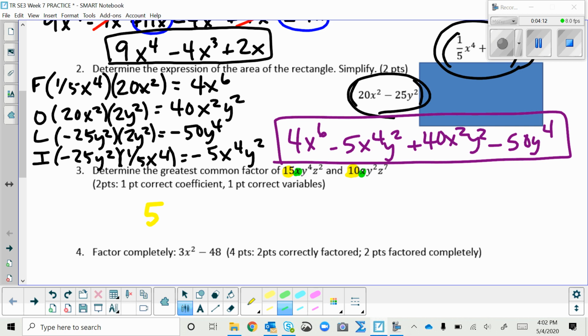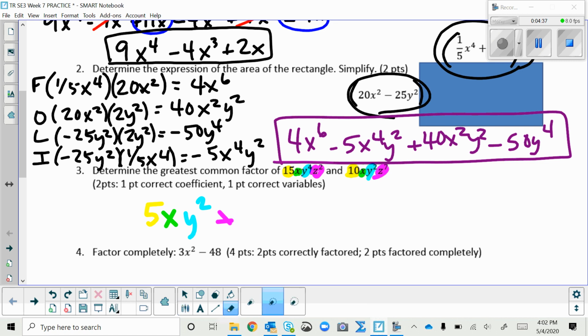The most x's they have in common, well, they actually have the exact same thing, so it's just 1x. You want the GCF of the y's. What's the most y's that they have the same? 2. And then you want the GCF of the z's. What's the most amount of z's that they both have? 2, right?